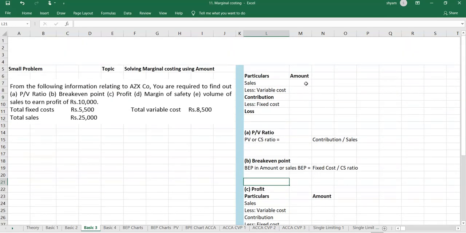So we'll get the formulas. We have formulas for all these. Our job is quite simple now. We just have to input the information.